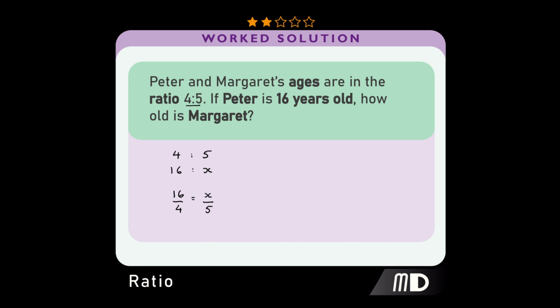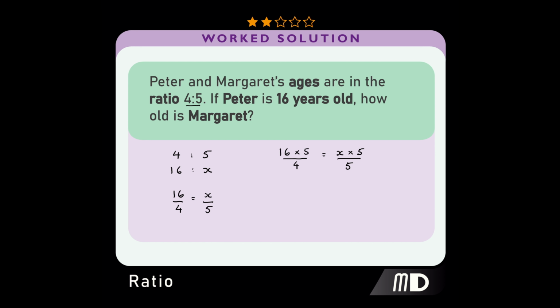This is an equation that we can solve to find the value of x. Multiplying both sides by 5, we get 16 multiplied by 5 divided by 4 equal to x multiplied by 5 divided by 5.